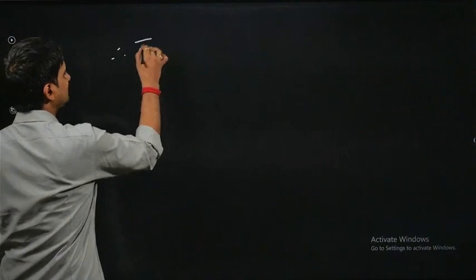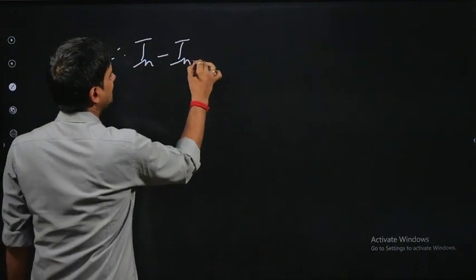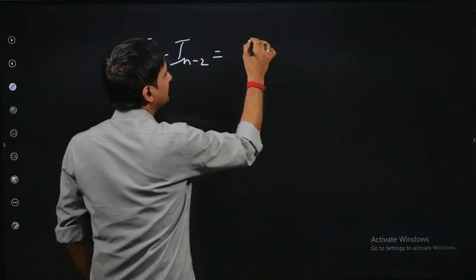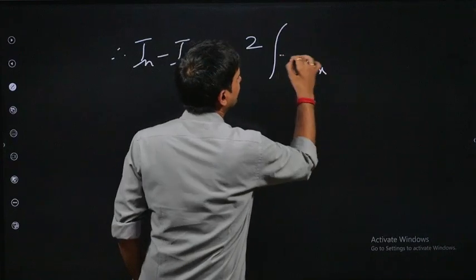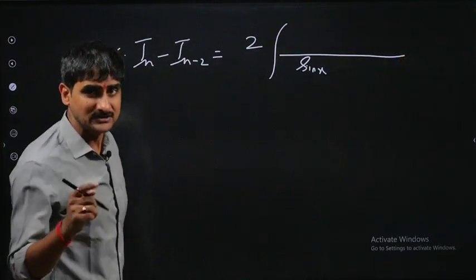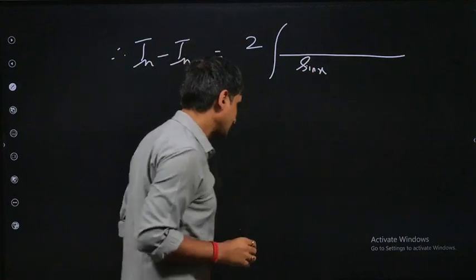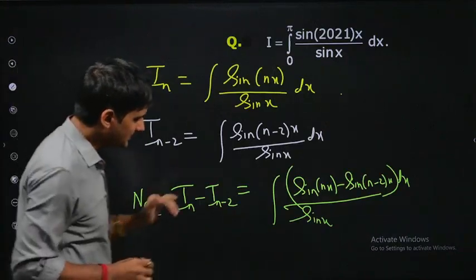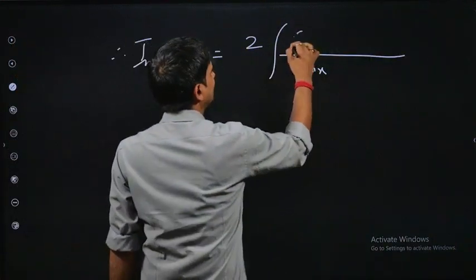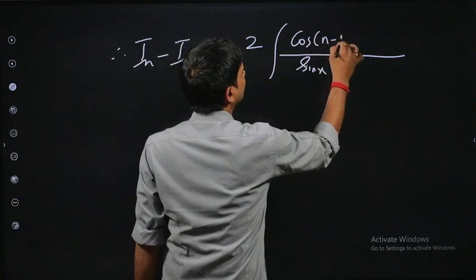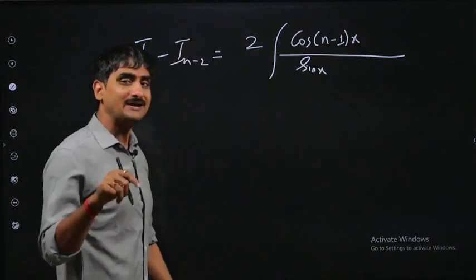It's 2 times sine x in the denominator, of course. So sine a minus sine b is 2 cos of (a plus b) by 2, so cos of (n minus 1) times x, and sine of (a minus b) by 2.